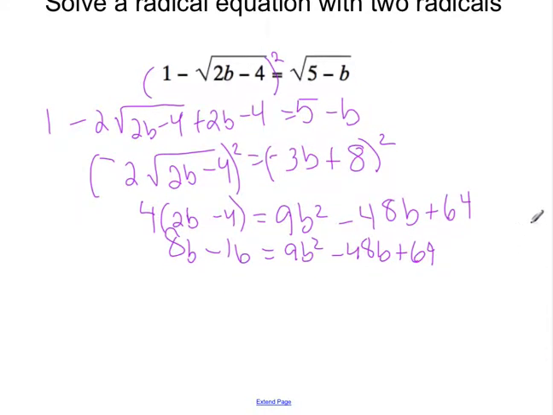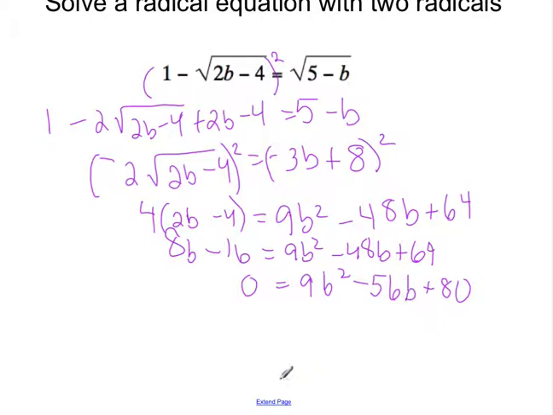Next, I'm going to subtract 8b from both sides and add 16 to both sides. So 0 equals 9b squared, subtracting 8b from both sides gives me minus 56b, and adding 16 to both sides gives me plus 80.